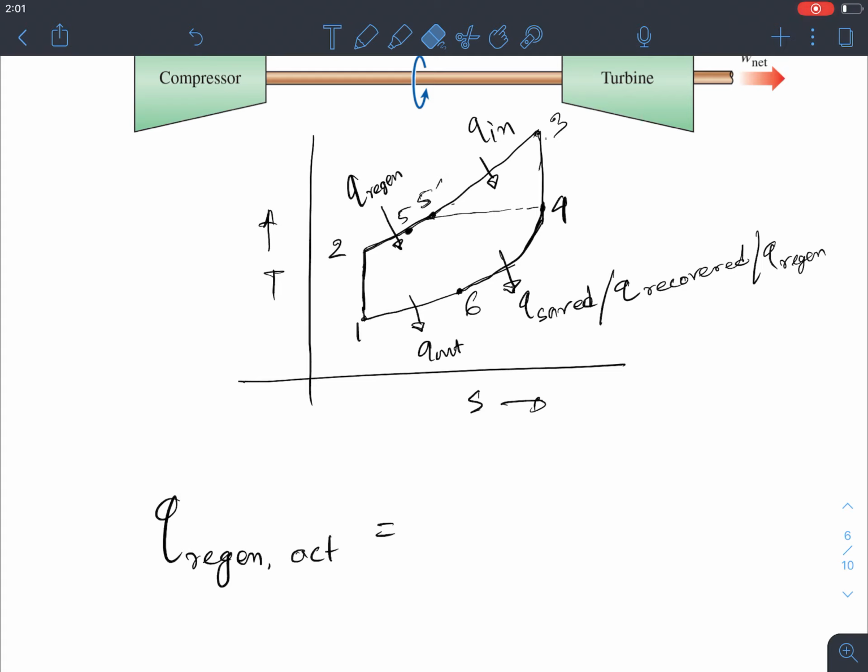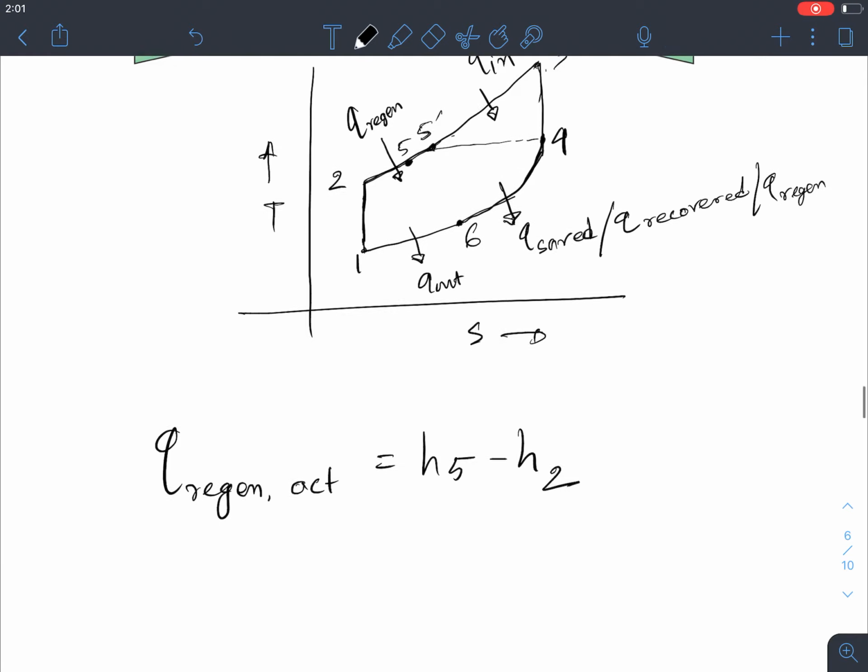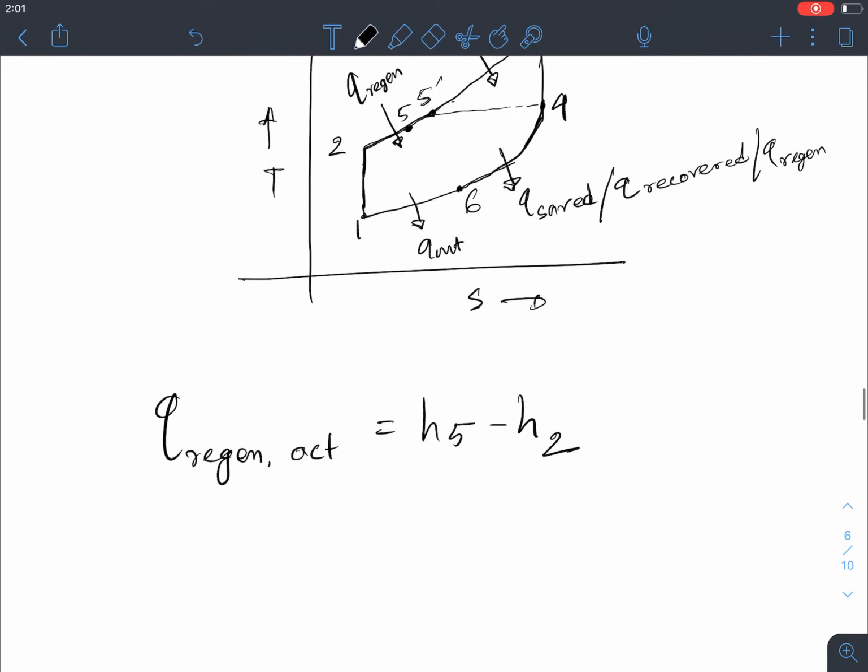Here, this is 4, this is 5. Okay, all right. So the Q generation actual would be H5 minus H2, right?